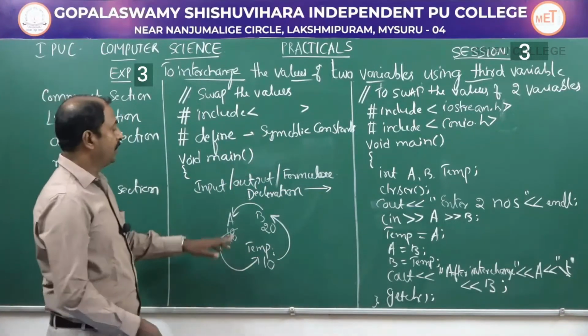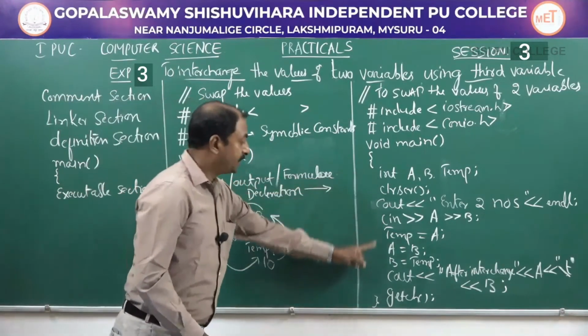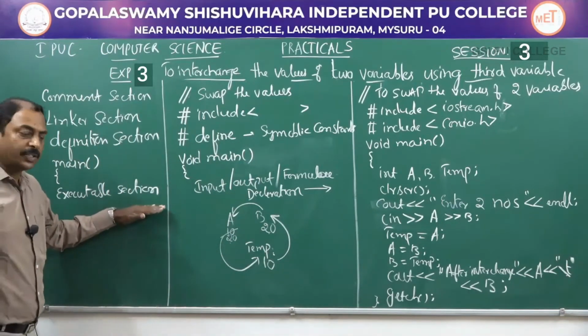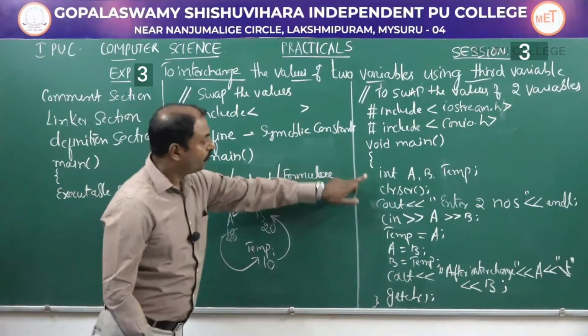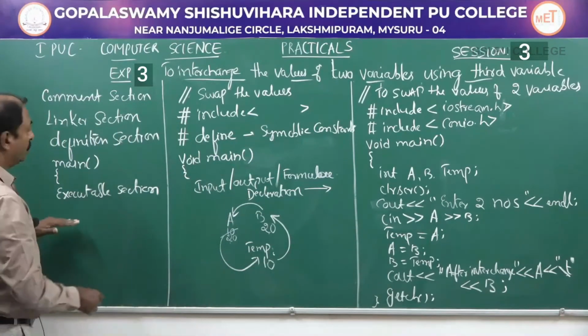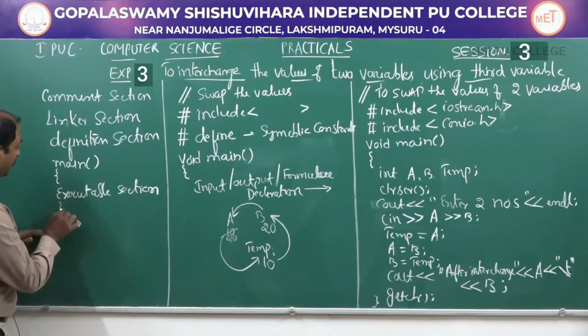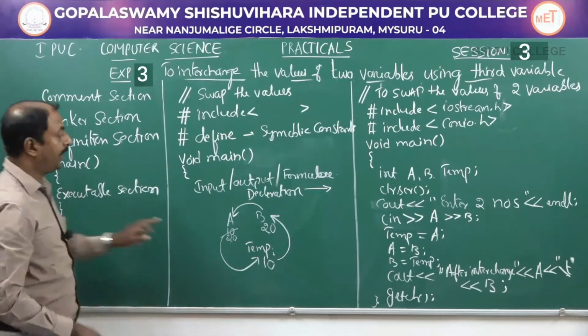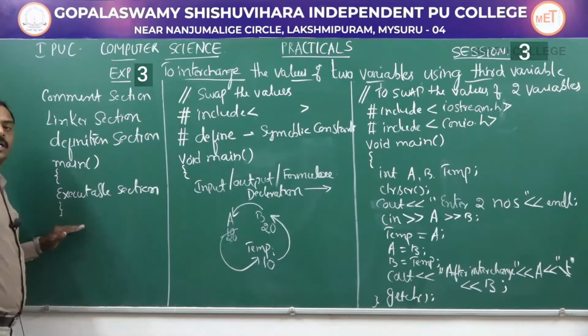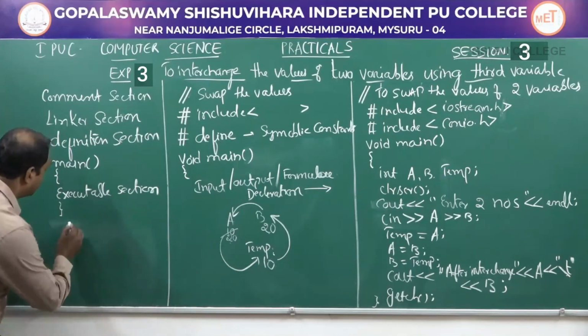So this is the logic, this is the programming statement, and this is the executable section. After void main, we close this executable section with a curly bracket as we have done here. The next step is the subroutine section.